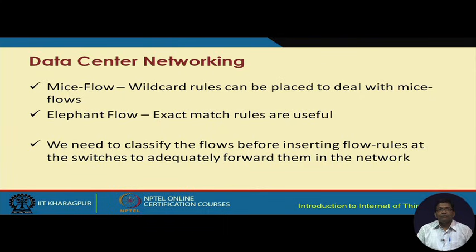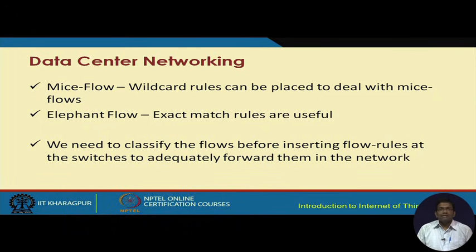We typically observe two types of flows. One is the mice flow, which are small flows, and the other is the elephant flow, which is basically large scale flows where big volumes of data are coming, while mice flows have small sized data.